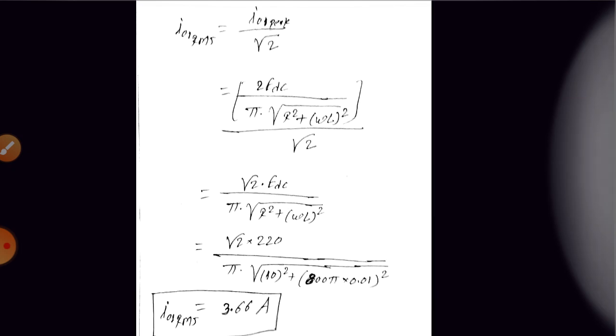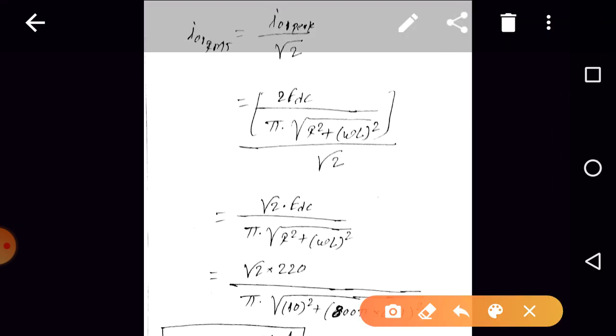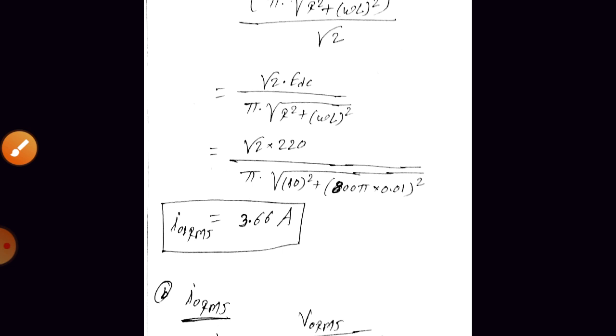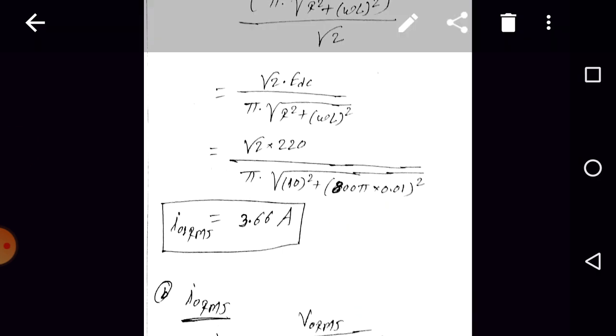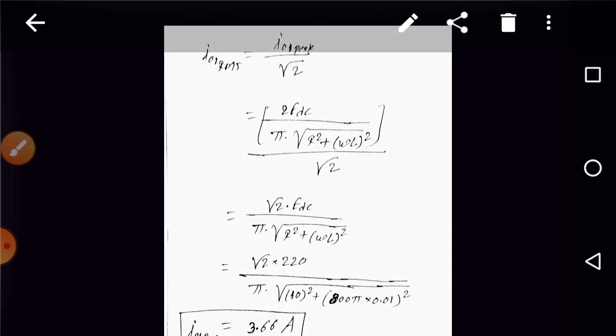After putting the values, I01 RMS is I01 peak divided by root 2. So I01 peak is this value divided by root 2, and finally we get the answer after putting this. It is 3.66 ampere. Are you getting the point? What is this I01 peak?